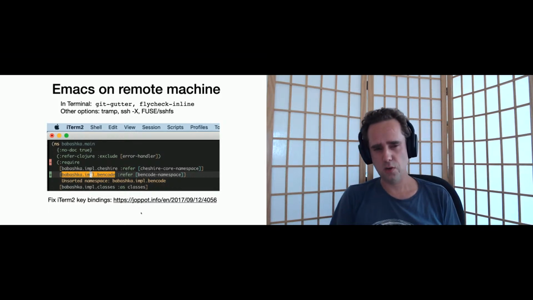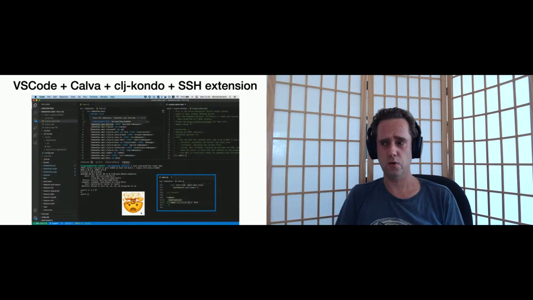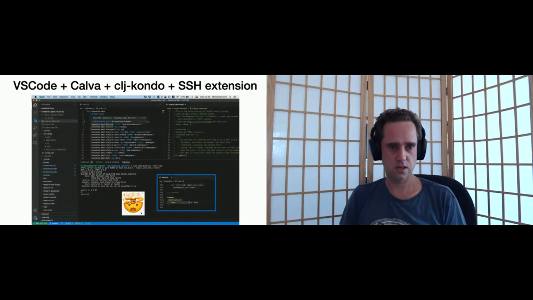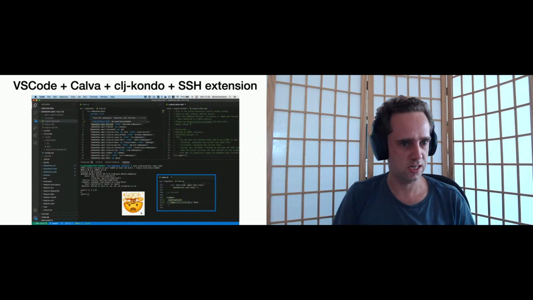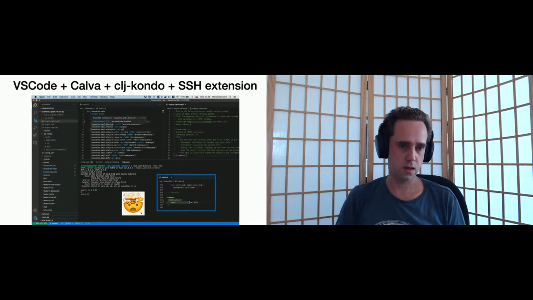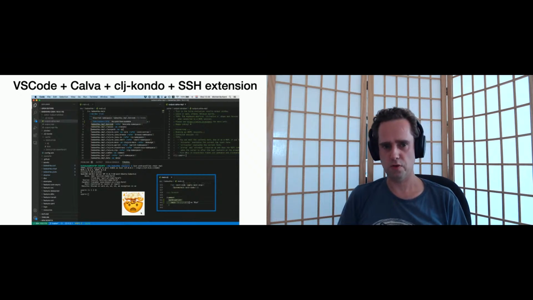But actually, there was one other solution that I was mind blown about, which is VS Code. If you install the SSH extension, all your plugins will work exactly the same as if you're working locally. So here I am logged into my remote machine, and I'm editing my code. And the linter that I developed is also available as a VS Code plugin.